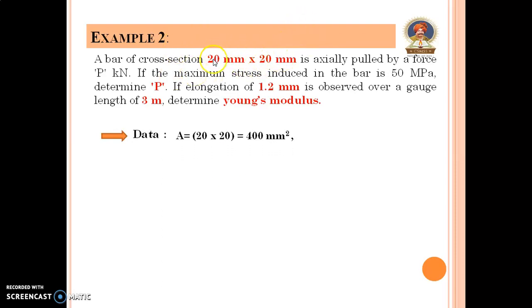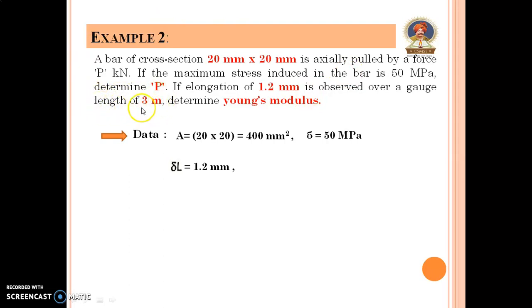Here the area is equal to 20 mm by 20 mm, which is equal to 400 mm square. Then the maximum stress induced in the bar is 50 MPa. So the stress is equal to 50 MPa. Then the elongation of 1.2 mm is observed, means change in length, that is delta L is equal to 1.2 mm, over a gauge length 3 meter.